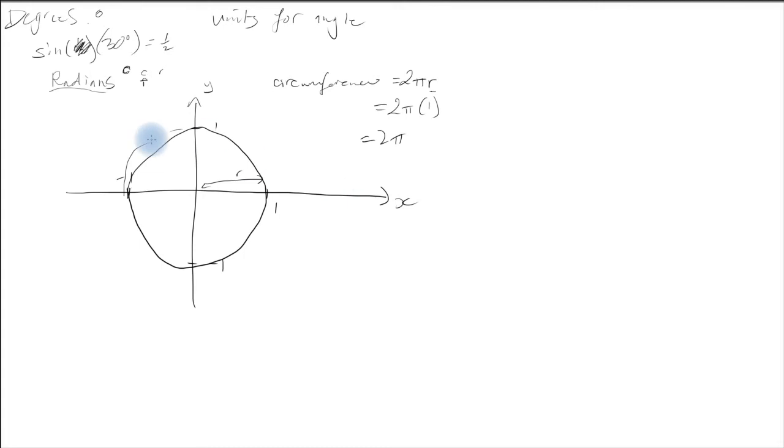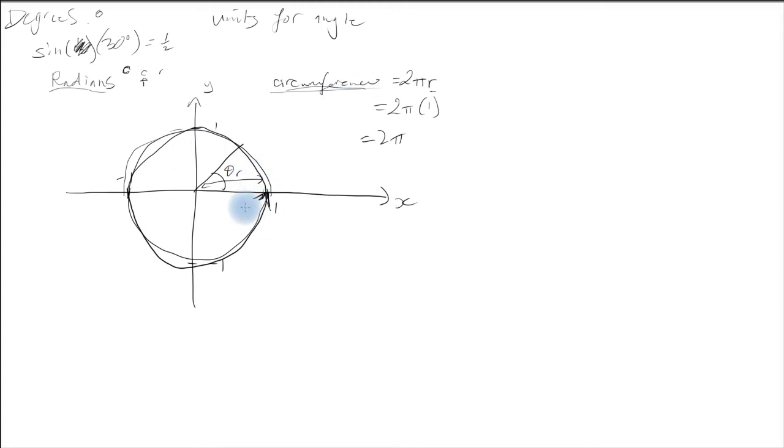So what mathematicians thought was, let's define our angles based on the circumference of this unit circle. A full circle means we're taking into account the entire circumference.